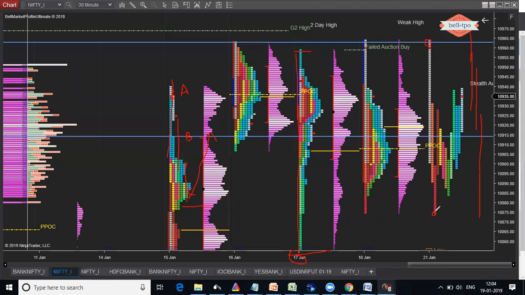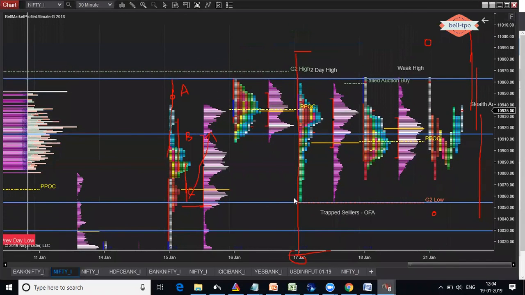They're not even able to break down the previous day's low. They're not able to penetrate the previous day's low. If they had penetrated, that would be a sign of strength, but they haven't penetrated, so that is a sign of weakness. On most such days, the C period low will be the day's low, in most cases.